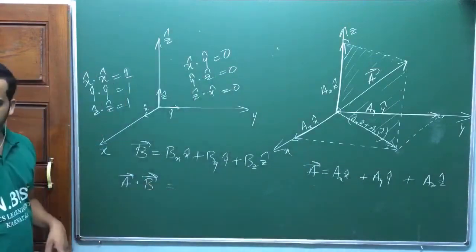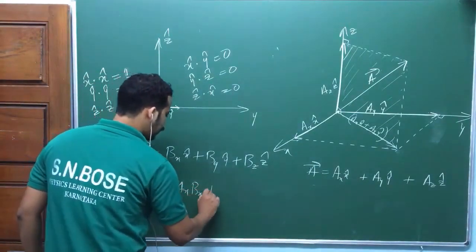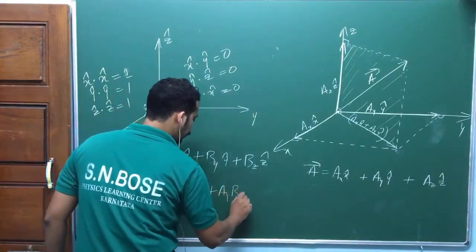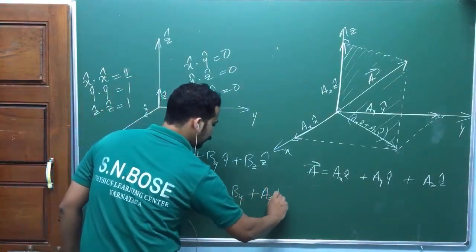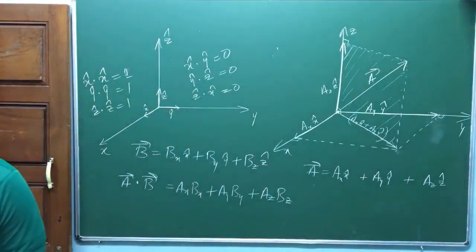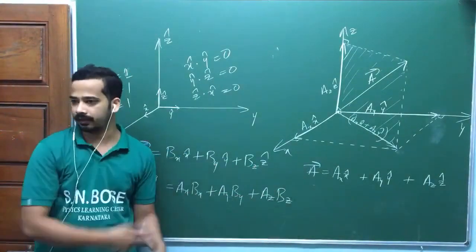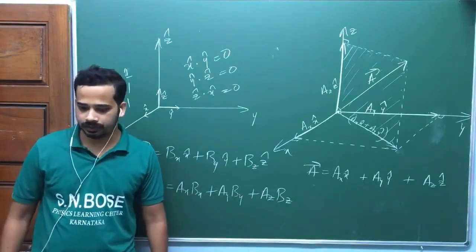Each dot product equals 1, so this is very simple: ax into bx plus ay into by plus az into bz, isn't it? To find the dot product, you just multiply individual components and then add. That's a rule you can generate here.